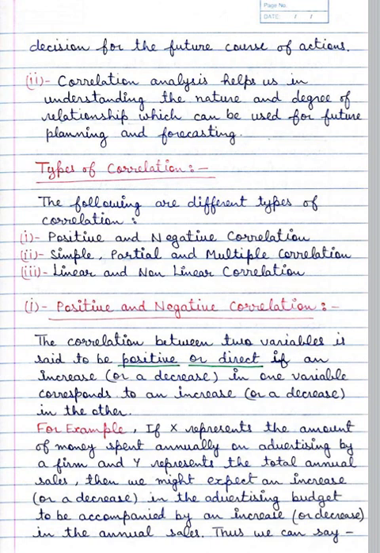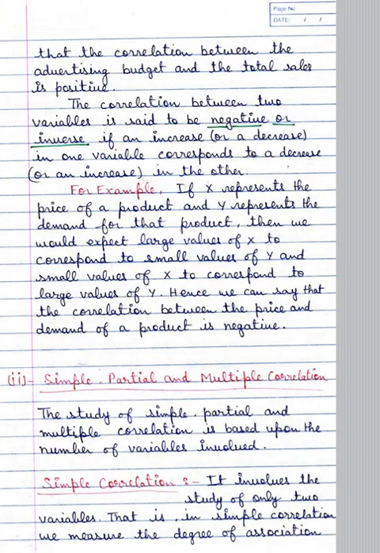If X represents the amount of money spent annually on advertising by a firm and Y represents the total annual sales, then we might expect an increase or a decrease in the advertising budget to be accompanied by an increase or decrease in the annual sales. Thus, we say that the correlation between the advertising budget and the total sales is positive.